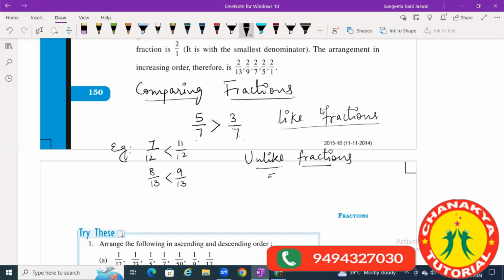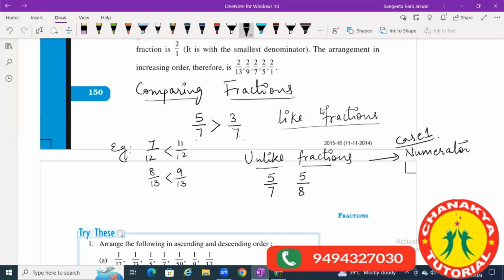Let's see. Suppose I have this fraction and 5 by 8. Here the denominators are different, but I have taken those unlike fractions where the numerator is the same. I'm taking case 1, when the numerator is the same. We'll take case 2 when the numerator will be different.